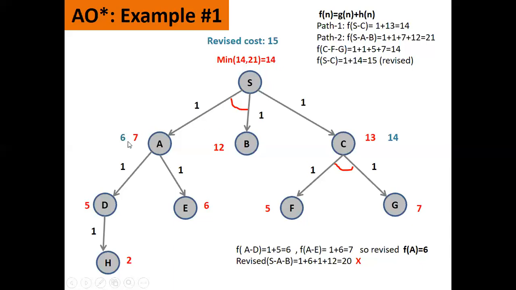Then you have 6, and then this remains same as there is no exploring further, so it is 12. So revised path from S to AB will be now 1 plus 6 plus 1 plus 12, which is equal to 20, right? And which is more than what we got as 15. So we don't accept this. We agree with the revised cost as 15.